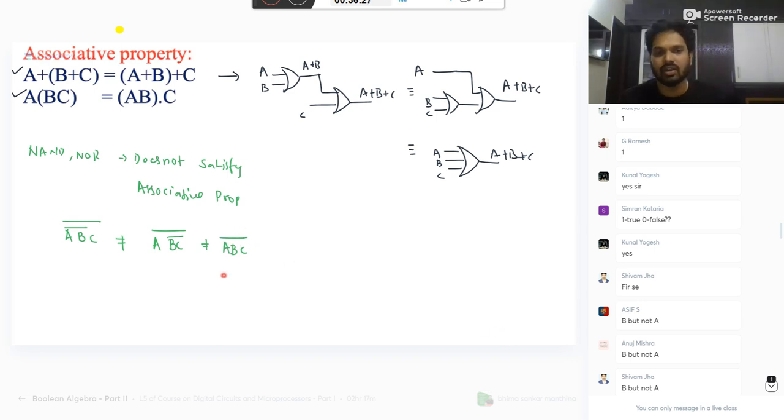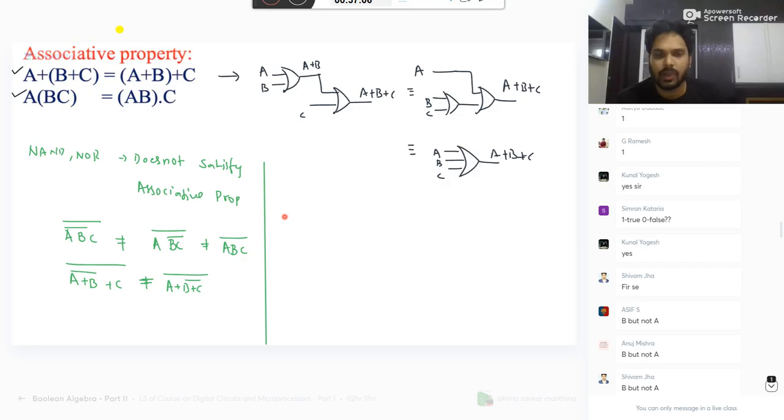All are different here. Similarly, you take NOR gate also, A plus B, this will also not satisfy the associative property. So what we can say, NAND and NOR do not satisfy the associative property, and OR will satisfy the associative property. You can prove it by taking any example if you want.